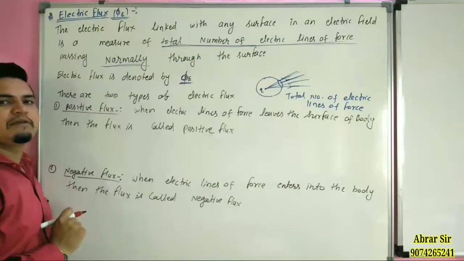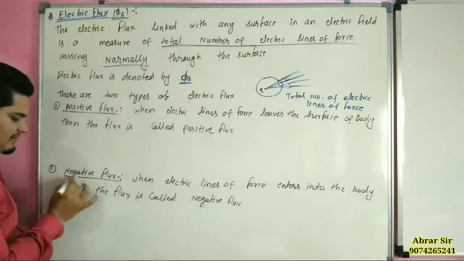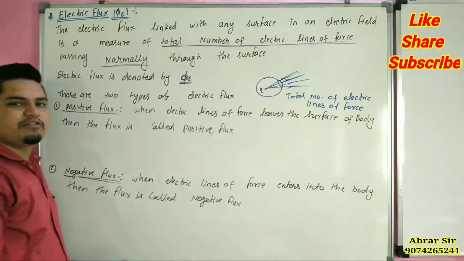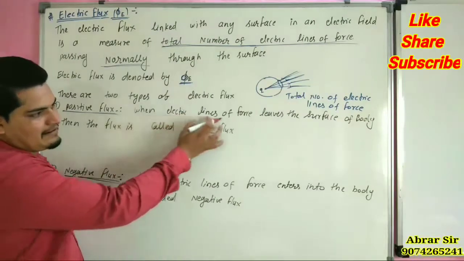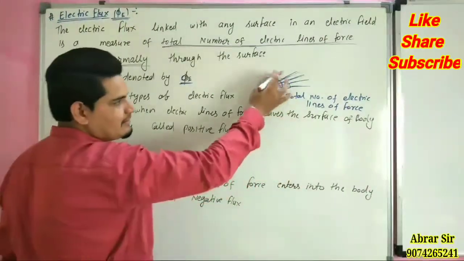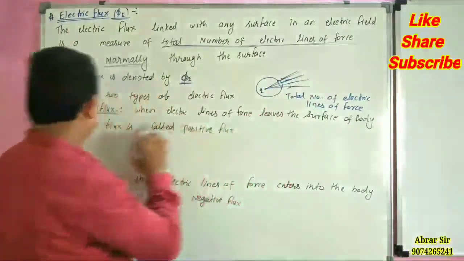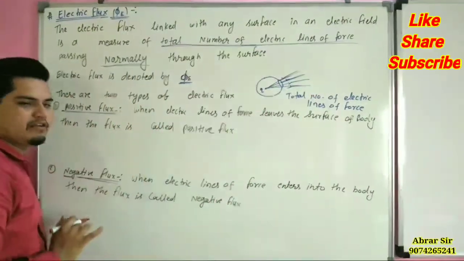There are two types of electric flux. First is positive flux and second is negative flux. When electric lines of force leave the surface, going away from the surface, then the flux is called positive flux.